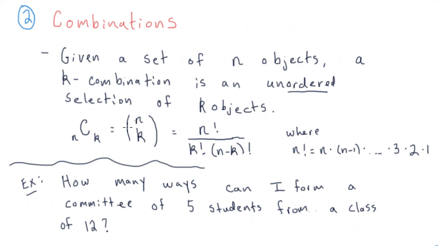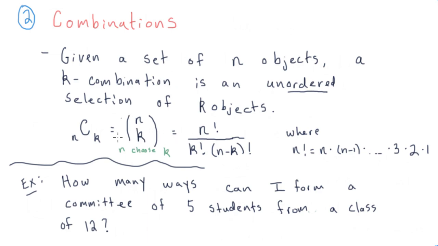This is read n choose k. And it's really nice to say n choose k when you see this, because that's telling you exactly what you're doing. I have n things and I'm choosing k of them. Okay? Very simple. That's what a combination is.